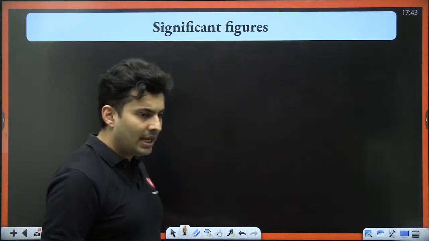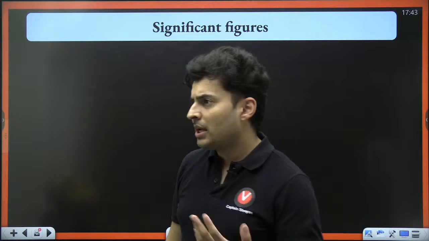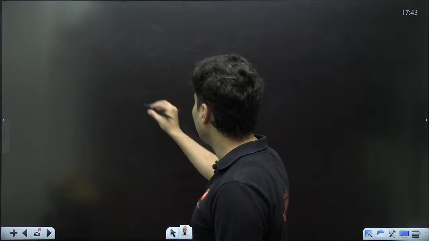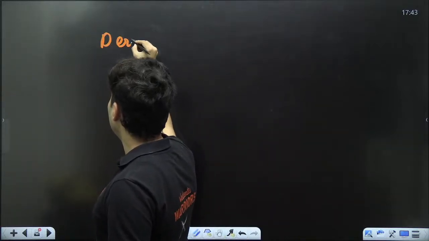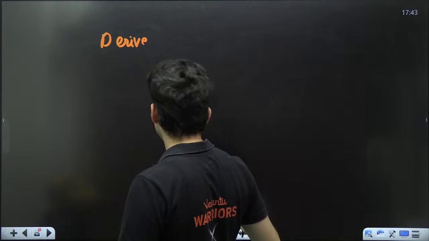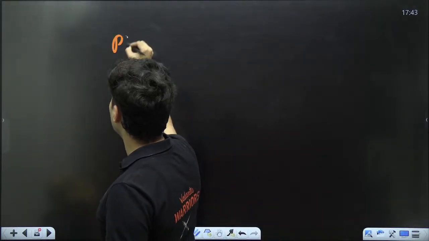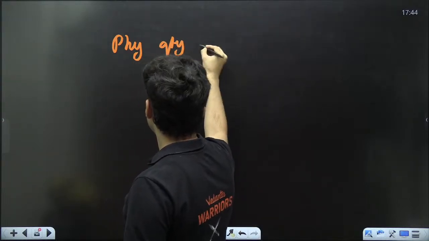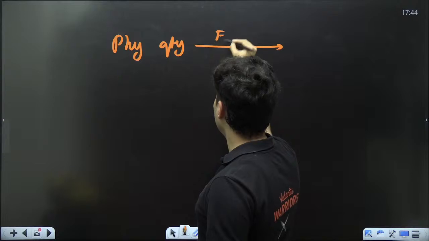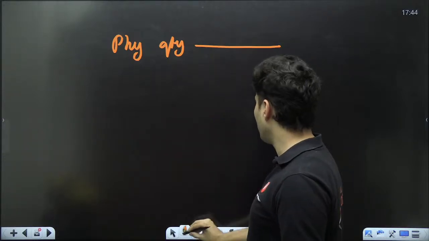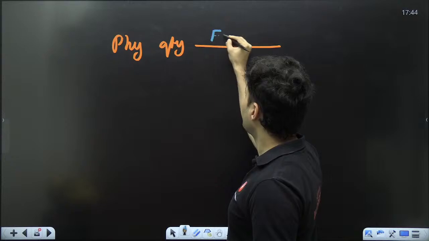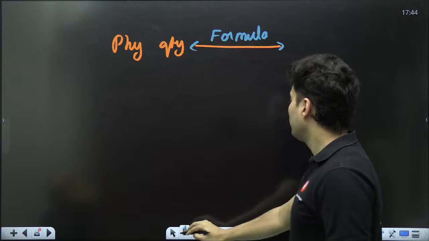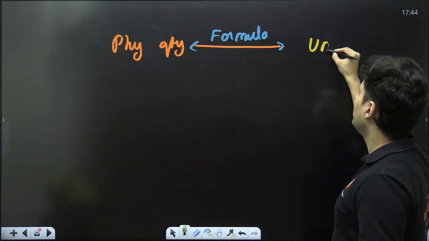Now that you understand it till here, given any physical quantity, if you know the formula for that physical quantity, from that you can get the units.